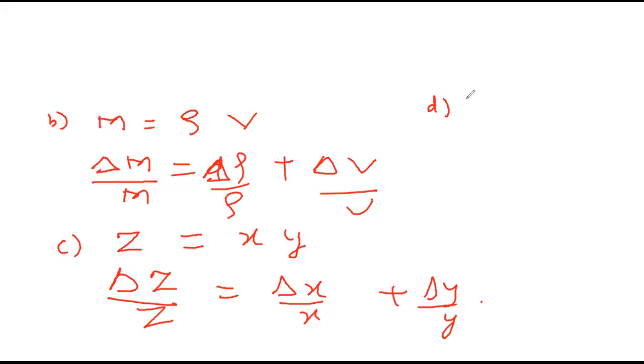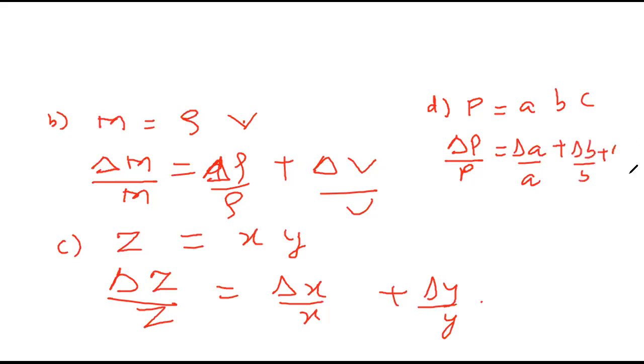Suppose we have got a 3 factor wala quantity. Now how are you going to do? इधर 2 था 1 2 1 2 अभी 3 है क्या करोगे? कुछ नहीं same method. Delta P upon P is delta A upon A plus delta B upon B plus delta C upon C. 4 रहेगा तो plus 1 more.